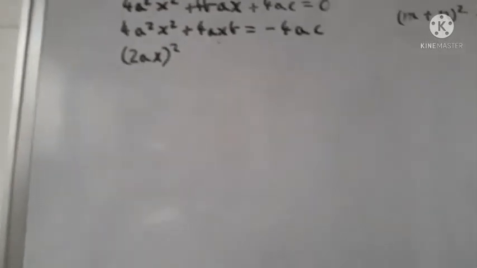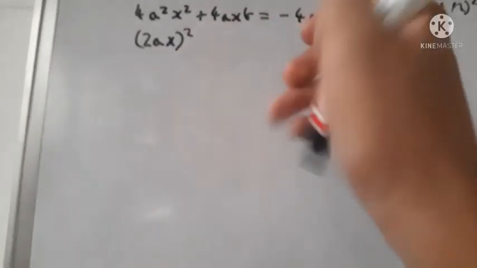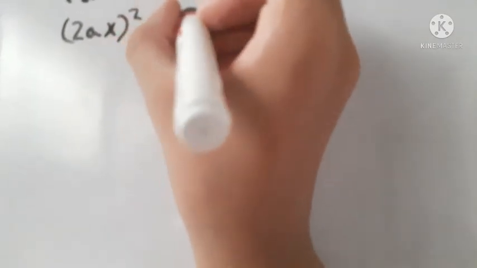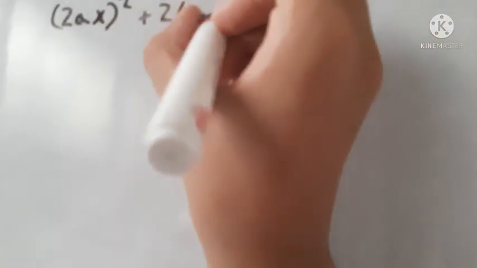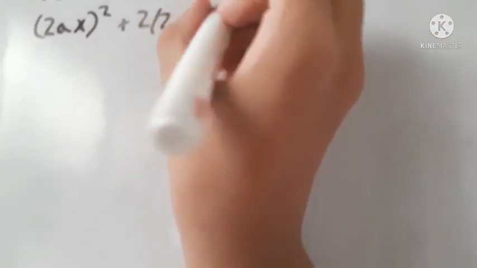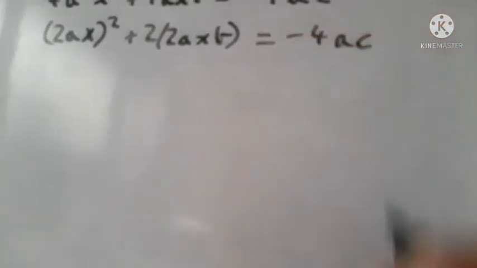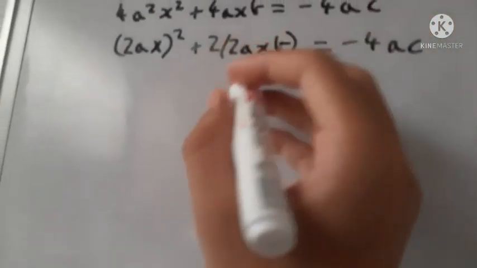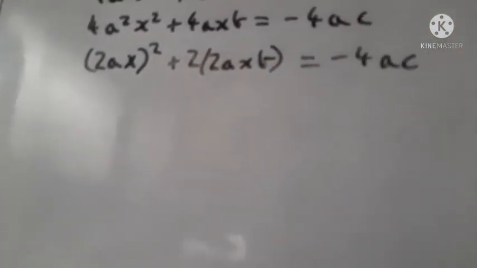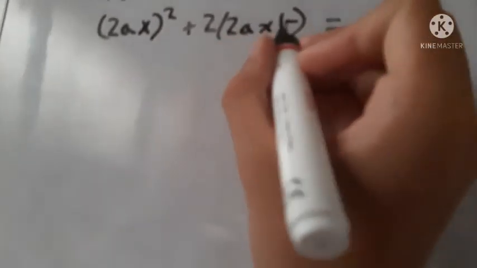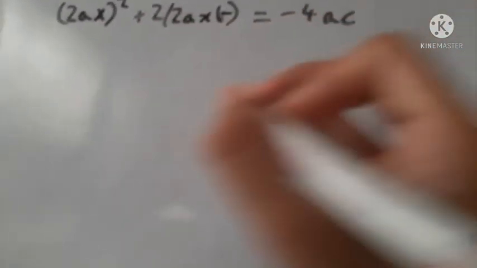So this term and this term, maybe we can find some relation between them. This is our m, so first we'll factor out a 2 from this: 2ax times b, which is of course equal to minus 4ac. It's easy to see where m is, so we can say what n is.